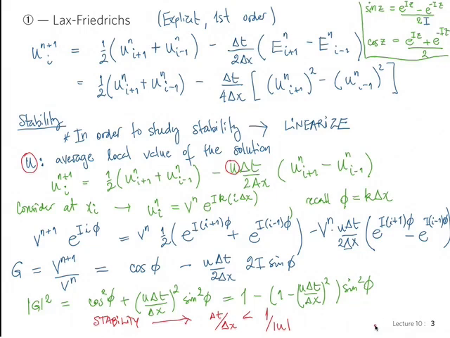Now this is very interesting because it indicates that stability now changes with the solution, right? You need the Courant number in this case without the c, so delta t over delta x, to be less than 1 over u, 1 over the average value of the solution in absolute value.